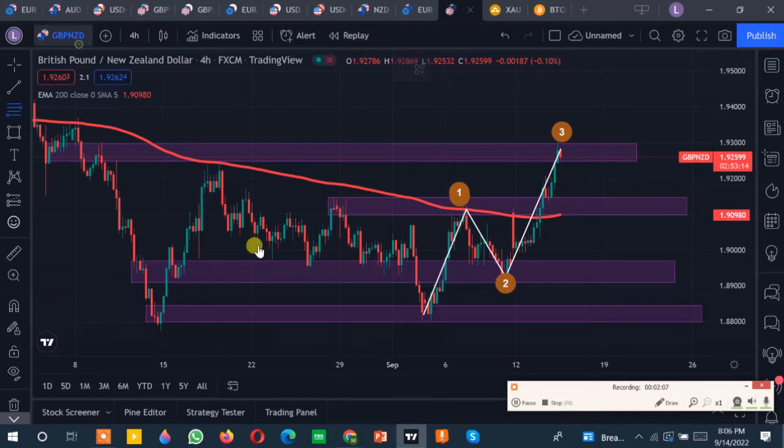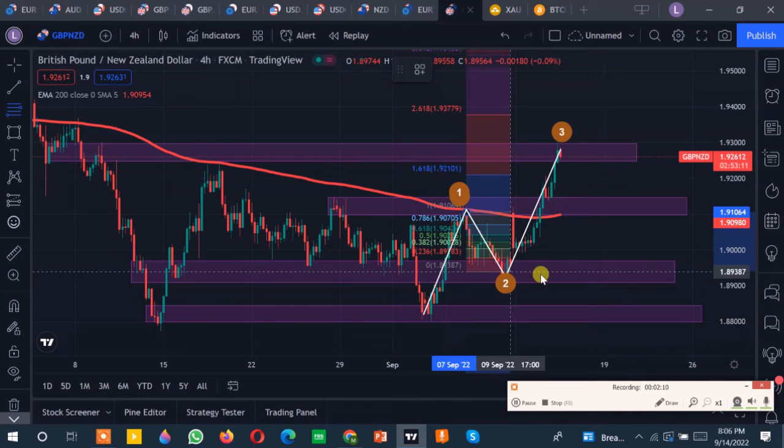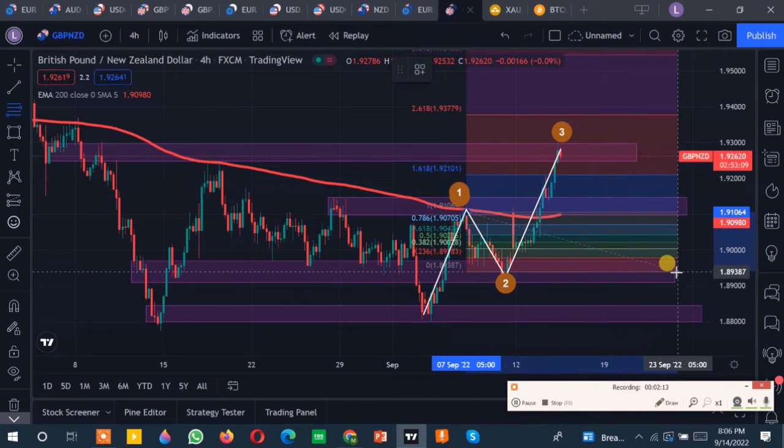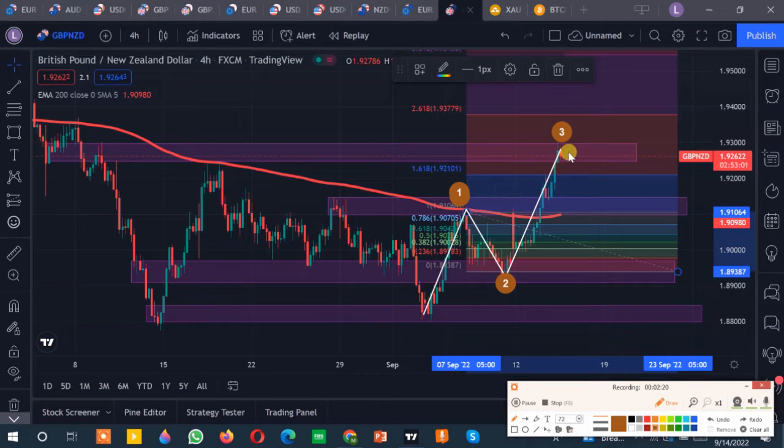plot a Fibonacci retracement between 1 and 2. This 1 and 2, it is the good point. 161.8% is a good one for the Fibonacci retracement level between the latest wave 2, and this is the resistance area.